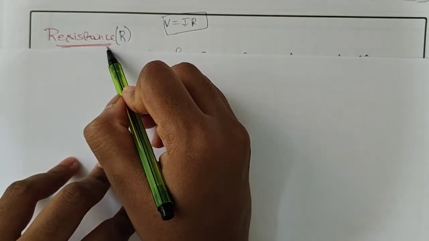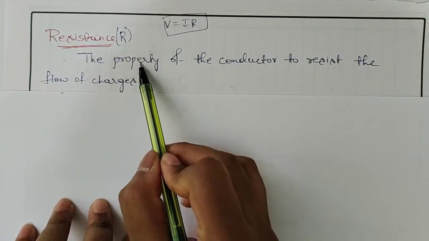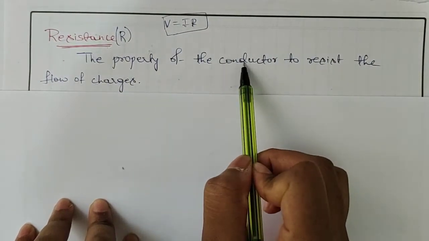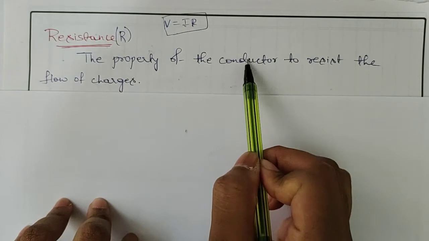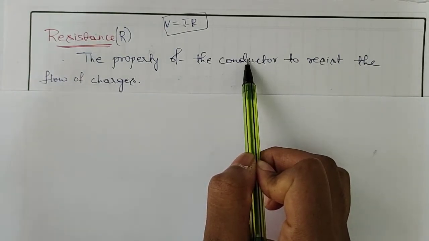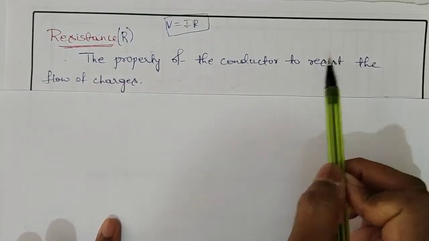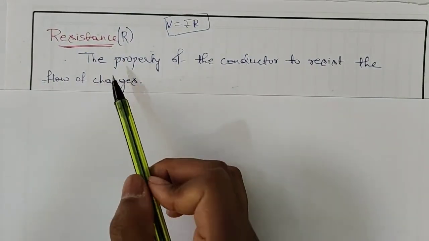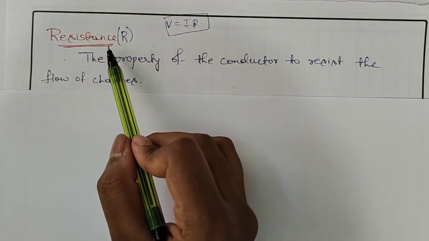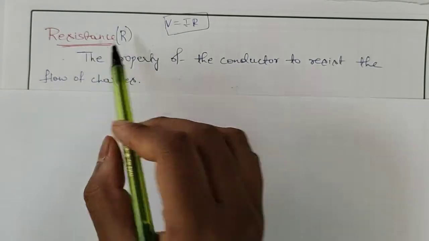Can I repeat the statement of resistance? The property of the conductor, and in that Ohm's law experiment the conductor is the nichrome wire. So the property of the conductor to resist the flow of charges is called resistance.